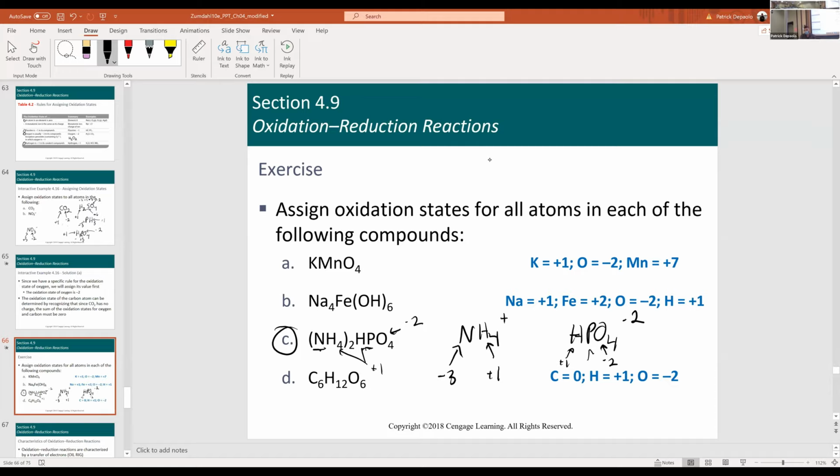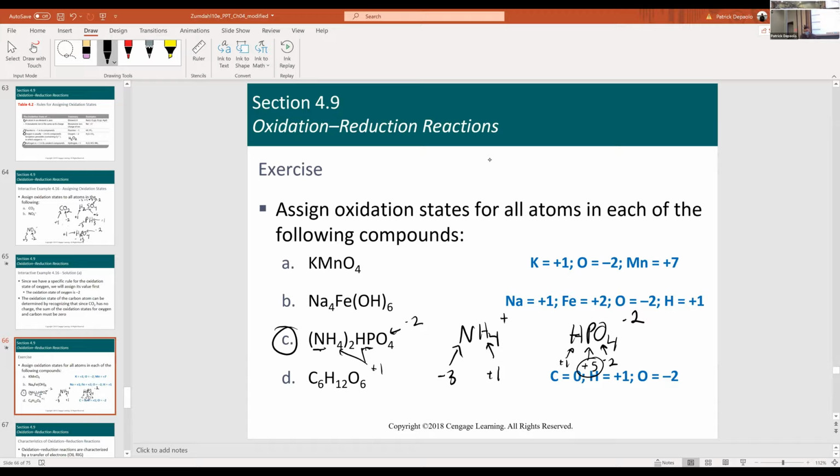So phosphorus would be what? Yep, plus 5. Good job. So phosphorus would be plus 5 in this case. So that is a way to figure out the oxidation states when more than one element in the compound is not as apparent as it was in the other ones, where it's just process of elimination.